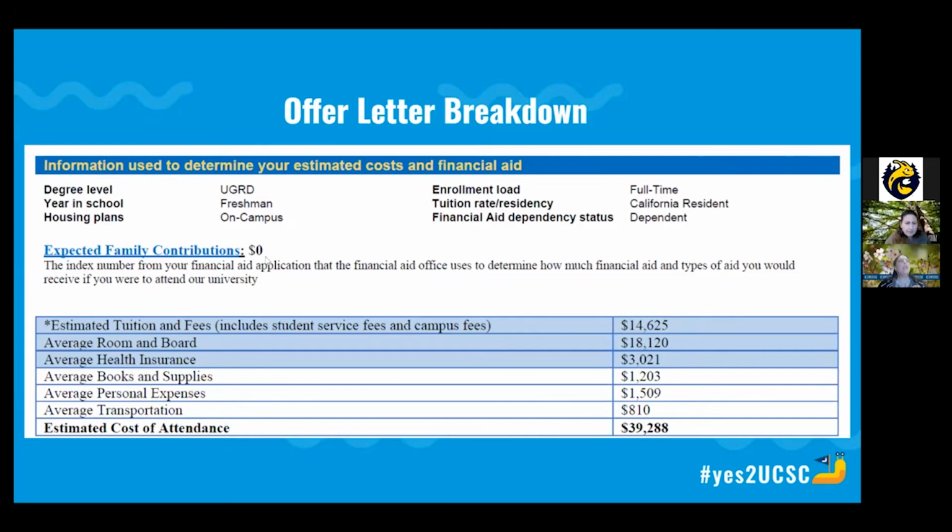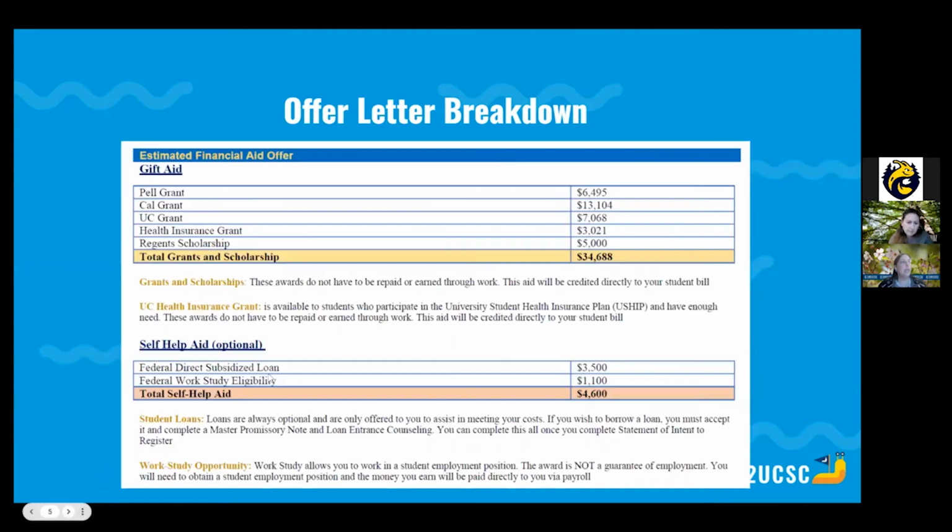And so we use this index number to determine grant eligibility. It doesn't affect how much you're charged. It doesn't affect your budget. It has no weight on the budget or the charges that you're assigned. It helps us determine how much aid, and different types of aid, you will qualify for.